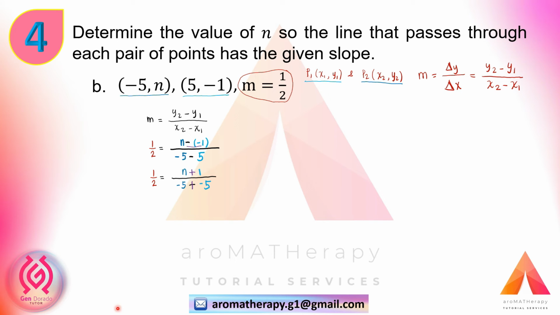In subtracting integers, you need to copy the first term, the minuend. Then, change the sign of the subtraction sign into an addition sign, and you get the inverse of the subtrahend. So, what is the inverse of positive 5? Negative 5. So, that's it. Okay.